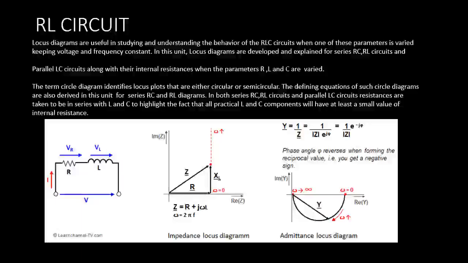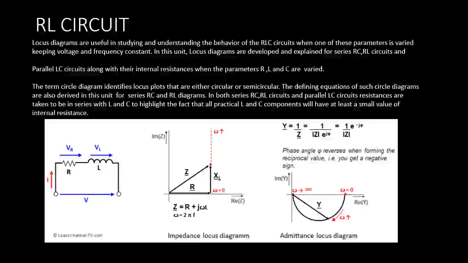Now let us take an example of the RL circuit locus diagram. RL circuit locus diagrams are useful in studying and understanding the behavior of RLC circuits when one of these parameters is varied, keeping voltage and frequency constant. In this unit, locus diagrams are developed and explained for series RC and RL circuits and the parallel LC circuit along with their internal resistances, when the parameter of R, L and C is varied.